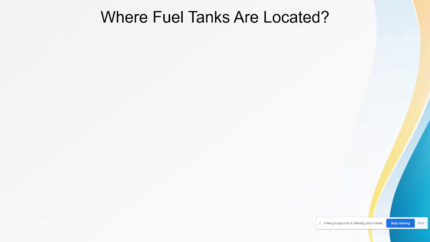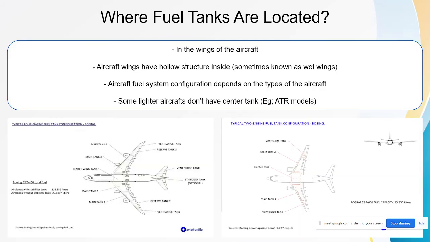Next, where are the fuel tanks located? Mainly, the fuel tanks are located in the wings of the aircraft. If we look at the picture below, the main tanks are located at the wings and not at the center. The center tank depends on the type and design of the aircraft.